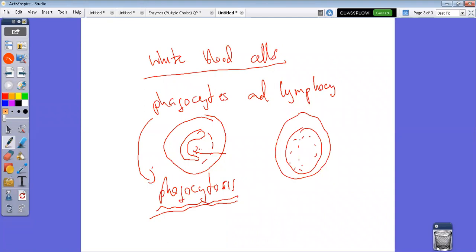Remember, every pathogen has antigens, shapes. So these antibodies will create a shape that is complementary to this, that will lock it. It's more like the lock and key method. But we'll talk about that under the immune system, not now. Clear?